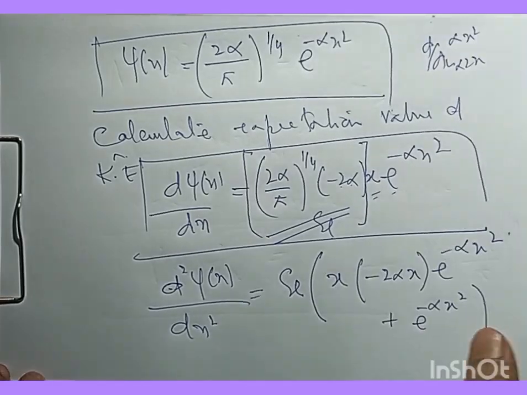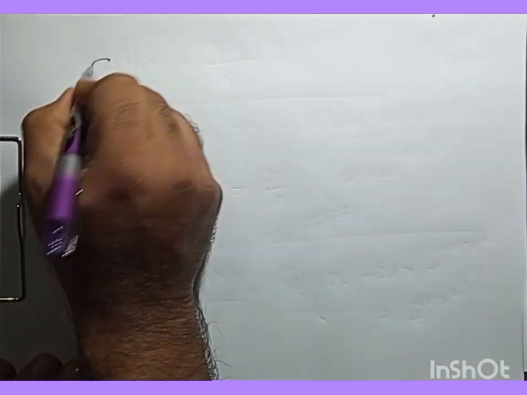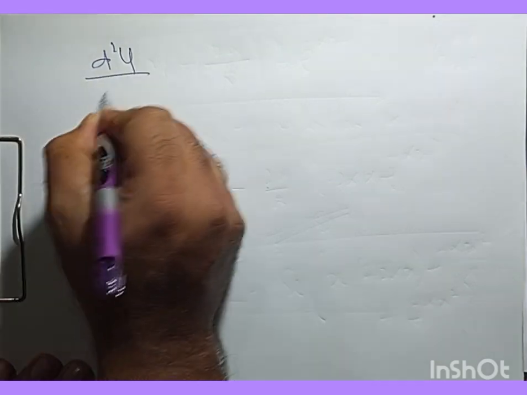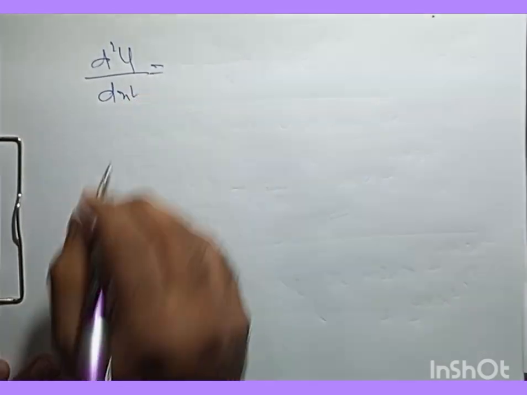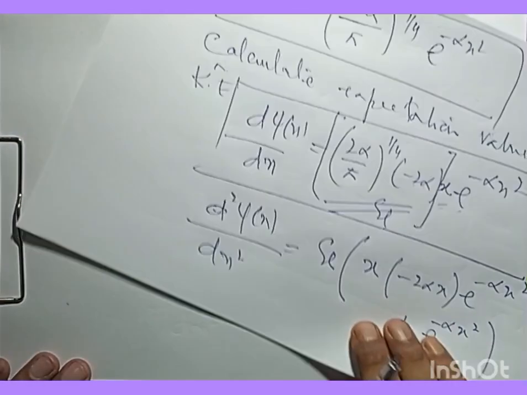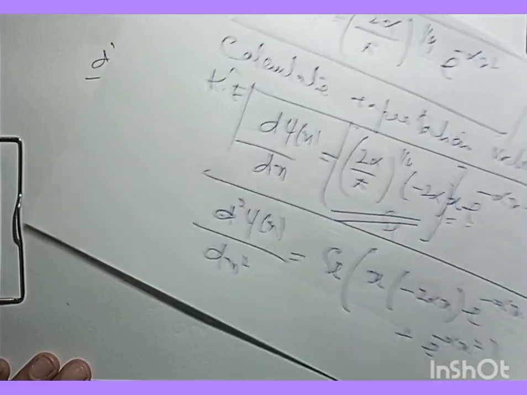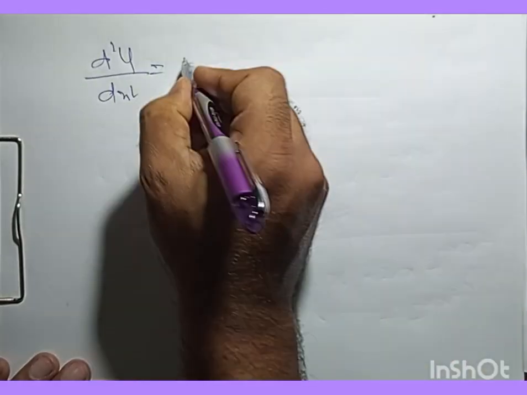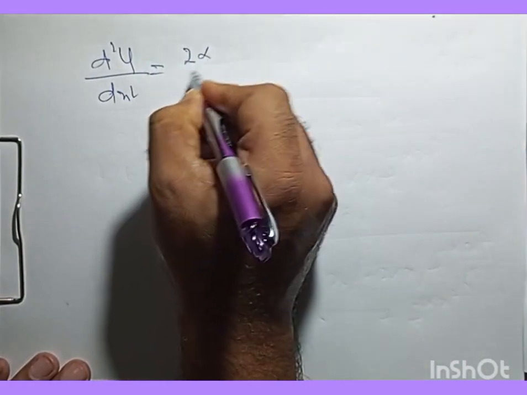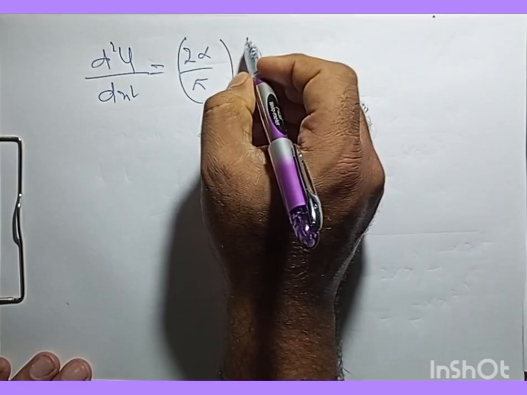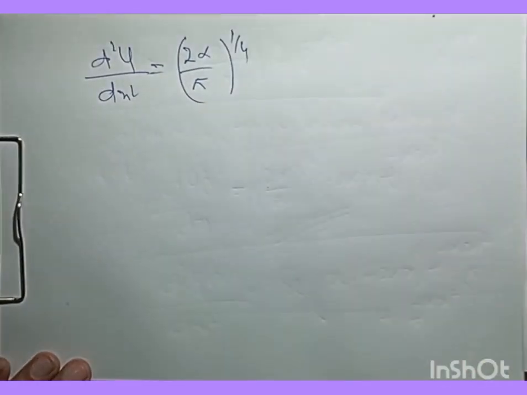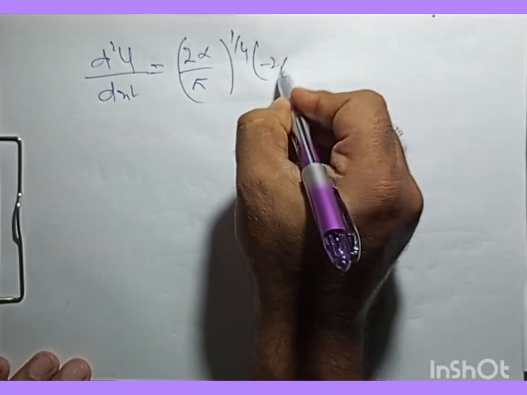Now let me move on to the next page so that I can write this down. So d2 psi by dx2 will be, using this zeta as well now, (2 alpha by pi) whole raised to the power 1 by 4. Then I have minus 2 alpha out.